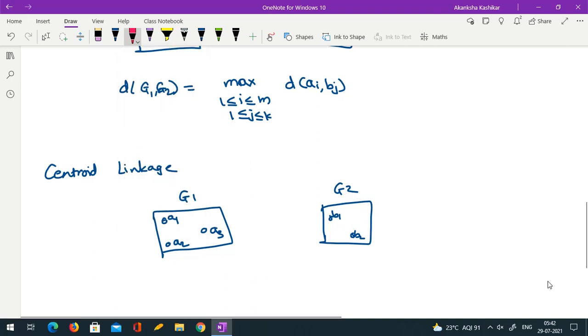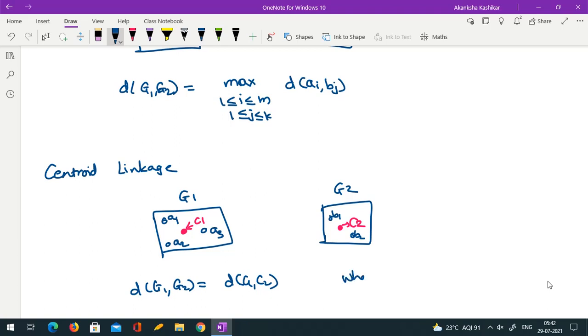So if I take average of A1, A2, A3, I'll be somewhere here. Let me call it C1, center of the first group, and B1, B2 are here. So their average will be somewhere here. Let me call it C2, center of the second group. Then we will say distance between G1, G2 is same as distance between C1, C2, the two centroids. Hence the name centroid linkage.